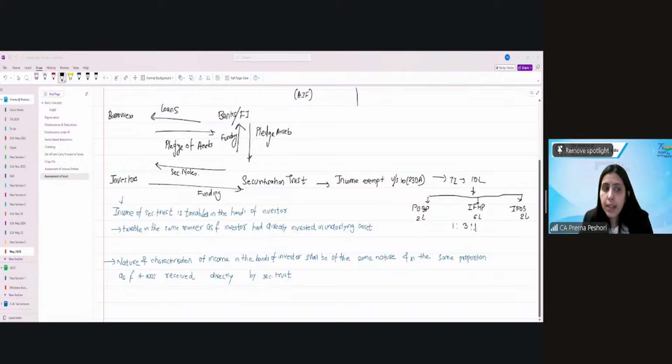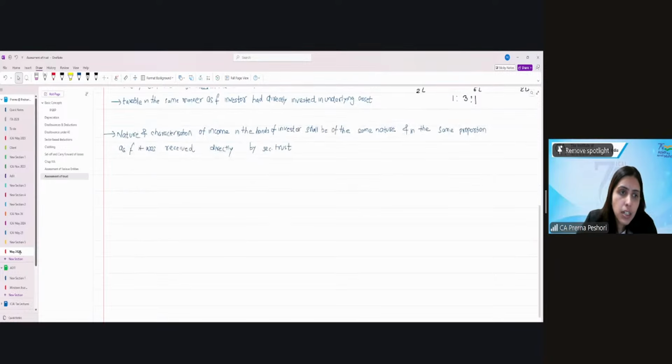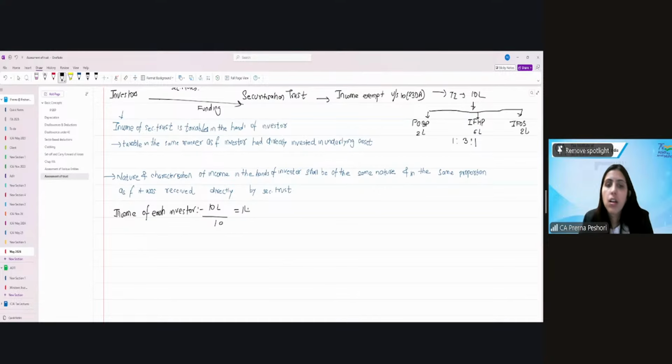Let's say now there are 10 investors in this particular trust. Okay. So the income of each investor will be, let's say, 1 lakh. Correct?